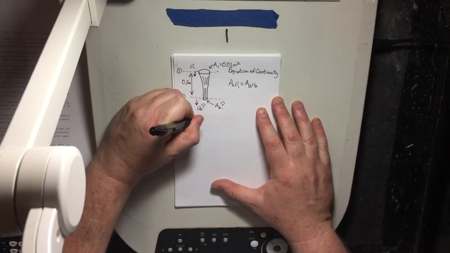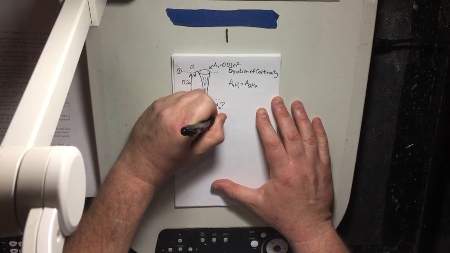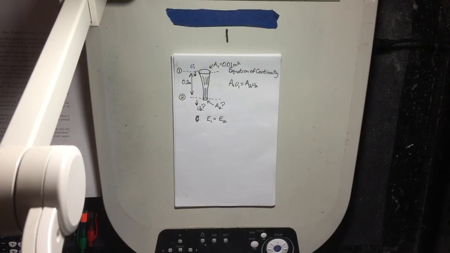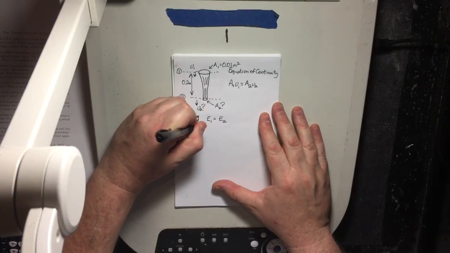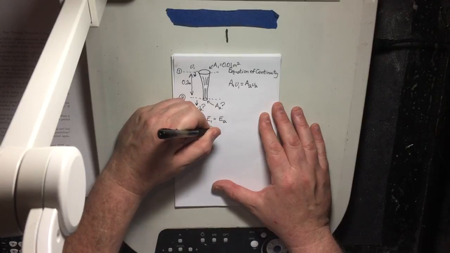The energy at 1 is equal to the energy at 2. This makes the assumption that there is no friction, the water isn't brushing up against anything, and that would be weird. So energy at 1 means that there is a kinetic energy and that there is a potential energy.